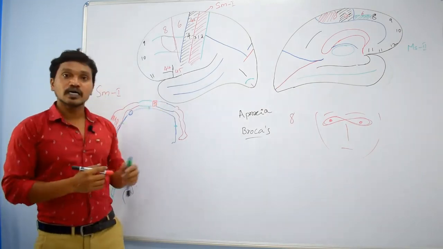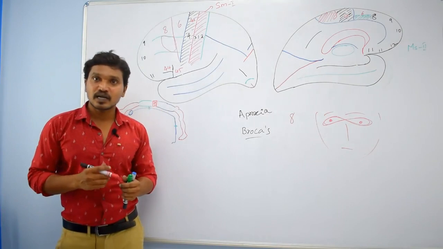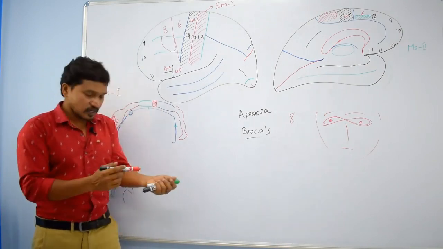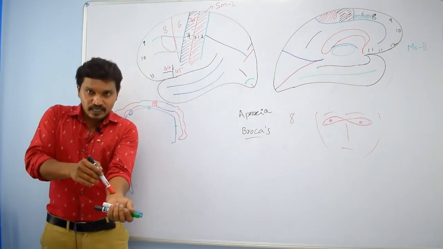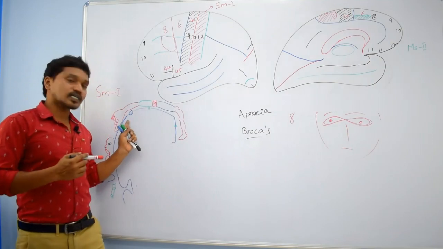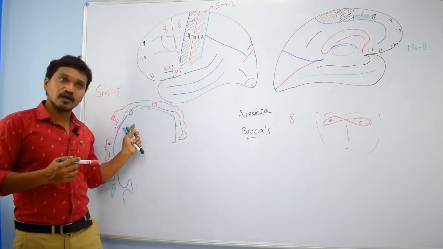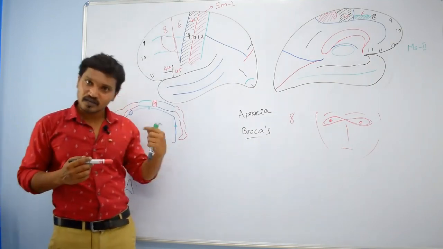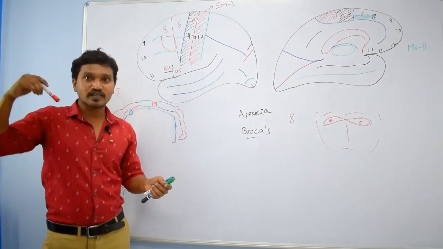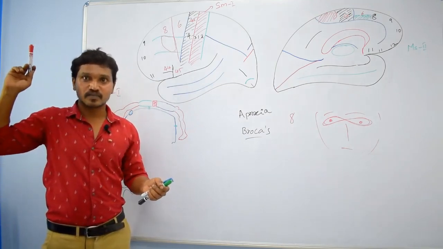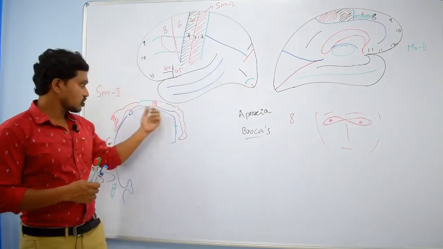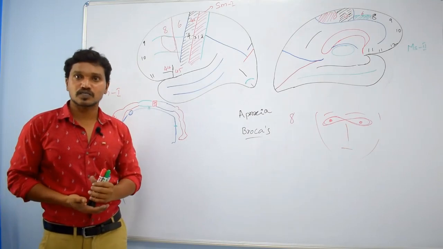It is represented on the contralateral side. If you stimulate here, in my right hemisphere electrical activity will be recorded, like motor only. This sensory information is also recorded in the contralateral side, right? So that is about the sensory homunculus.